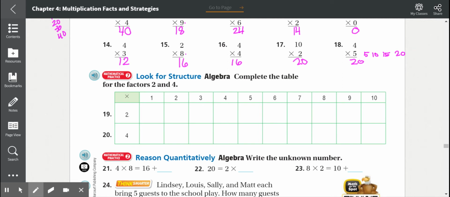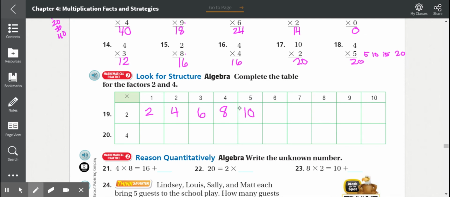Well, anything times 1 is the number, so we'd have 2. And then we're going 2 times 2. Well, what is 2 plus 2? 4. 2 times 3. Think, what's 3 plus 3? 6. 2 times 4. What's 4 plus 4? 8. 2 times 5. What's 5 plus 5?